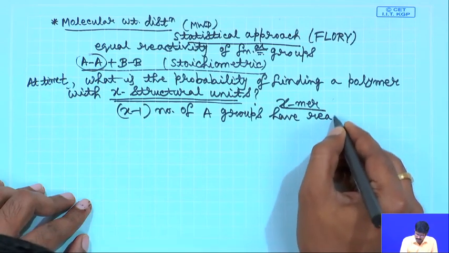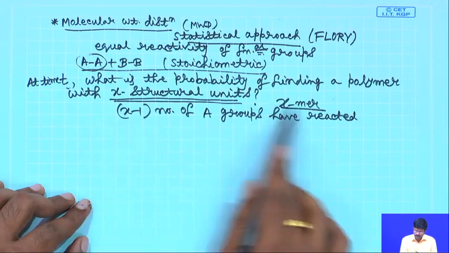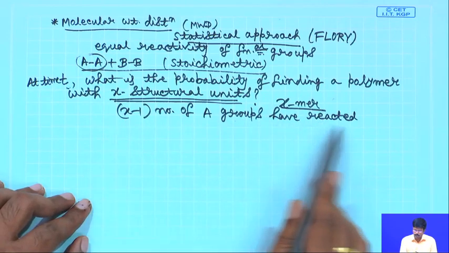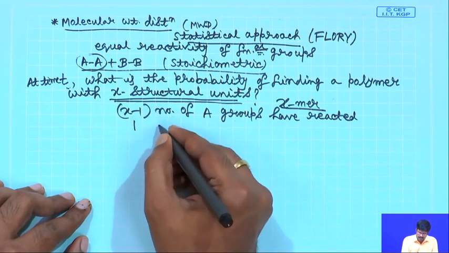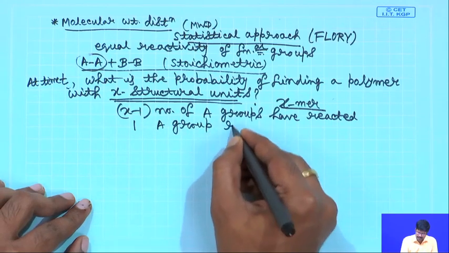So, when you have formed an x-mer, actually to form the x-mer, x minus 1 number of A groups have reacted and 1 A group remains unreacted.